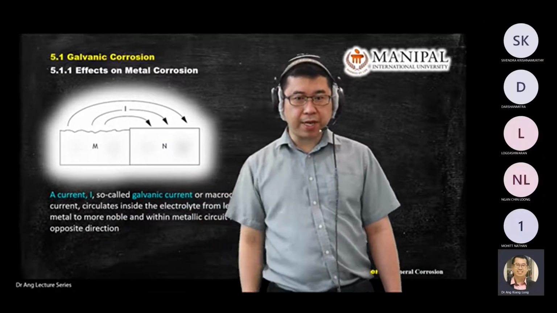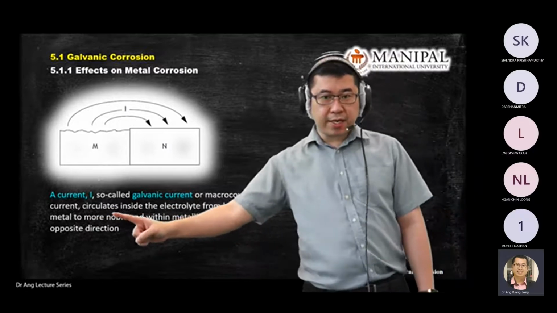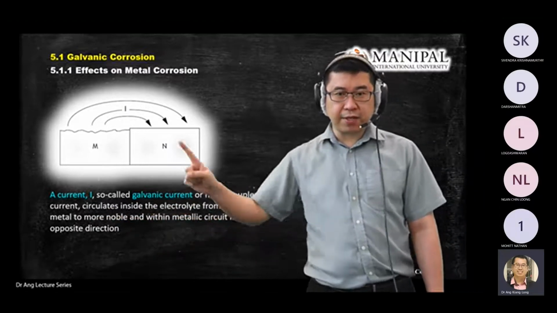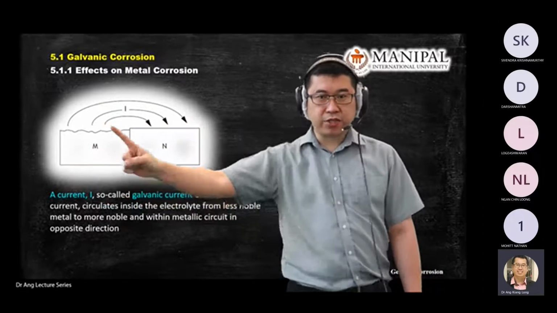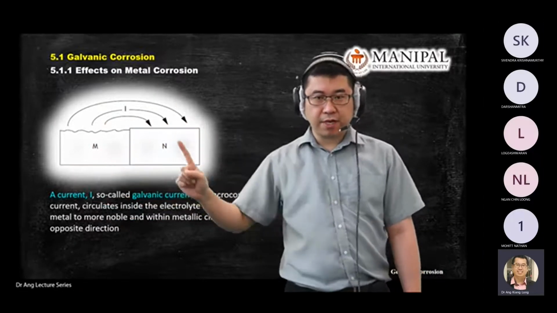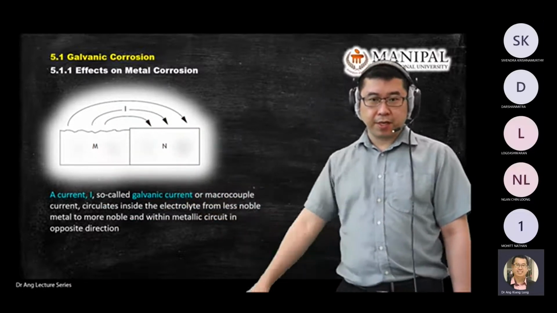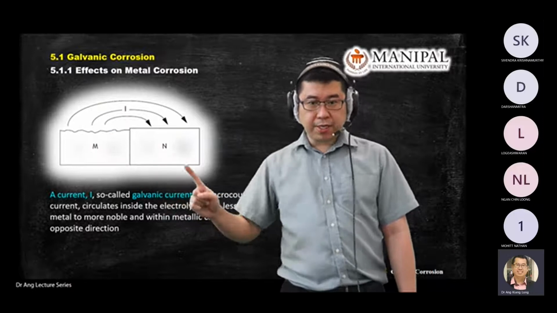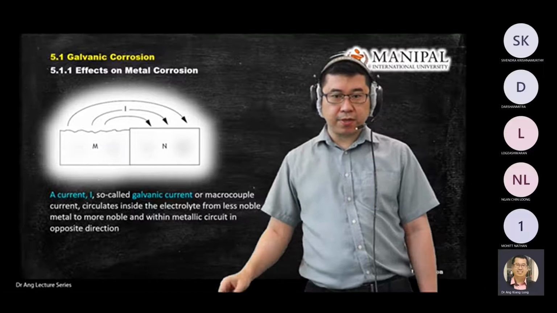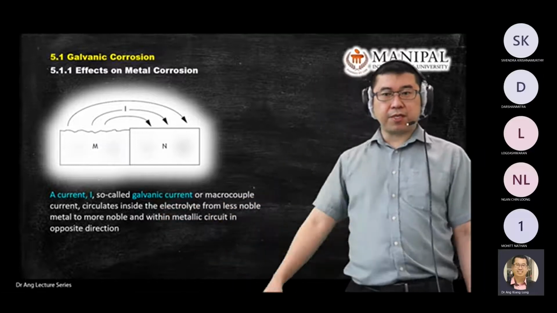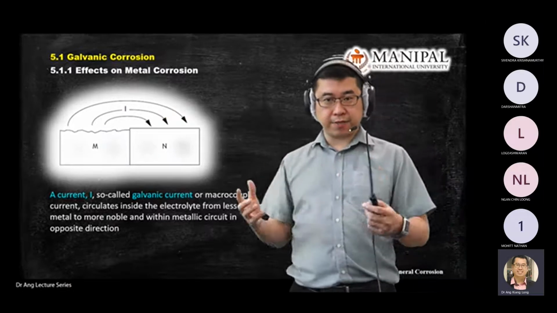We use capital I. It circulates inside the electrolyte, meaning the two metals inside the solution. There is an exchange of electrons from lower to higher nobility metals, from less noble to more noble. This current follows the electron direction.